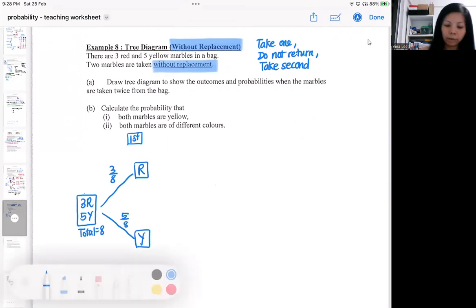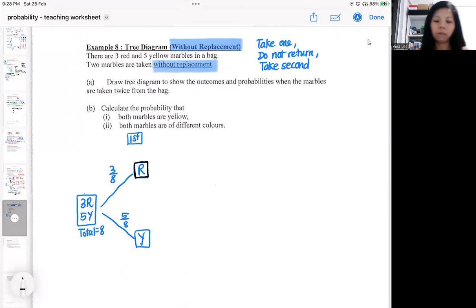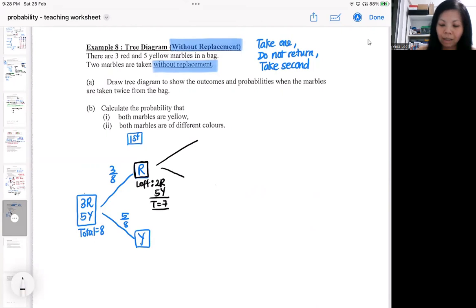Now I'm going to take the red one and I'm not going to return it. So my bag will be left with 2 red and 5 yellow. I'm not going to return it, and I'm going to continue to take my second marble.